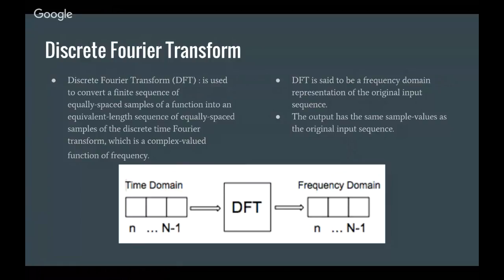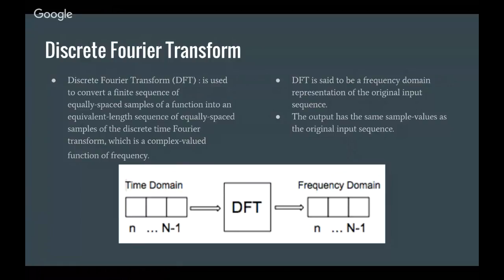And up on the top right, we just mentioned that DFT is said to be a frequency domain representation of the original input sequence, and the output has the same sample values as the original input sequence. So once again, we show that in the picture. We have 0 to n minus 1 in the time domain, and then we have 0 to n minus 1 in the frequency domain. So the input size is equivalent to the output size, except they are transformed through DFT.